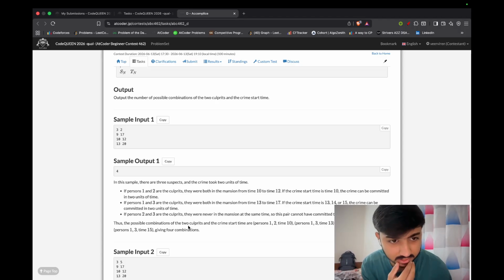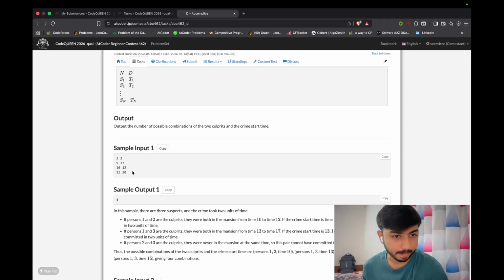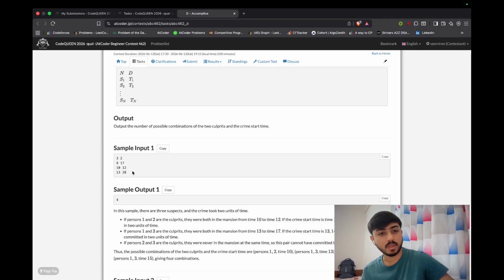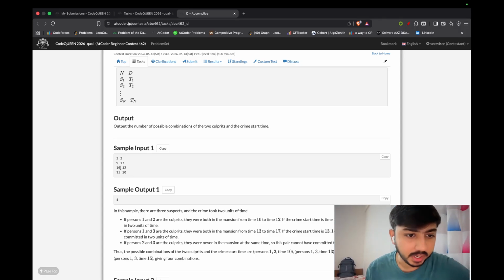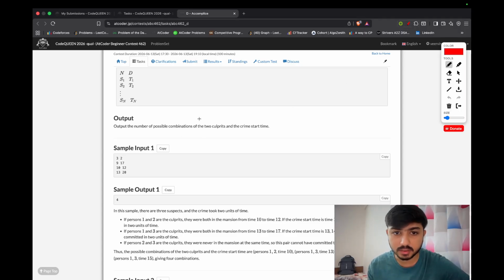So it's the common interval between them. What we can do is, can we create a difference array?